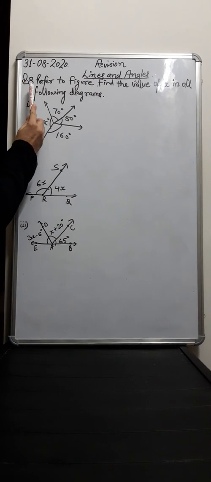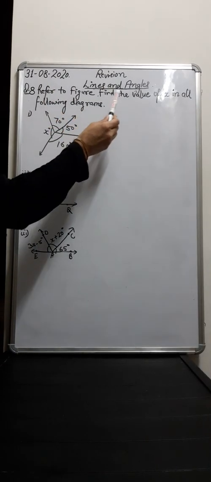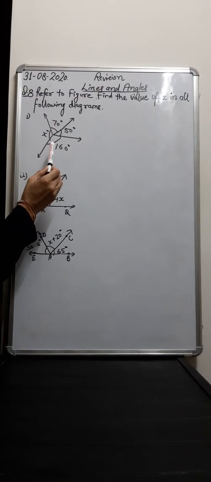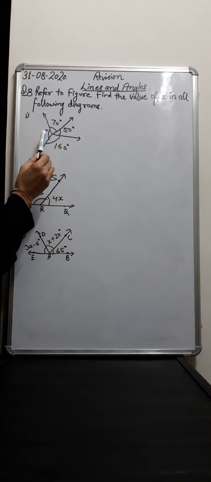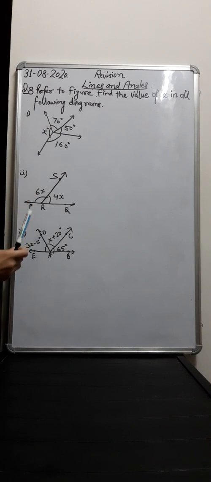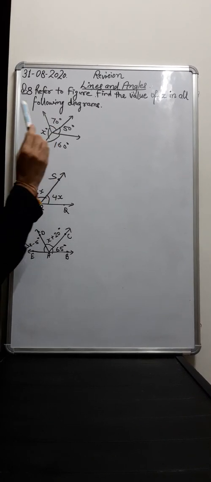Now question number 8, refer to the figure. Find the value of x in all the following diagrams. In the first figure we can see that there are 4 angles forming, and all 4 angles are forming around a particular point.